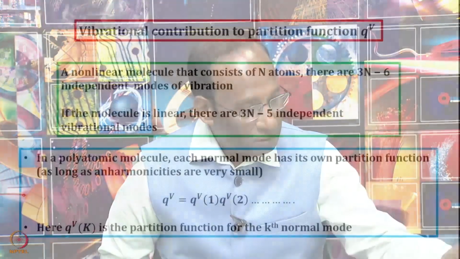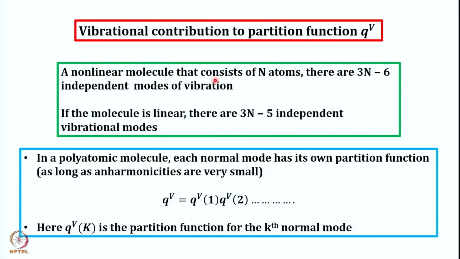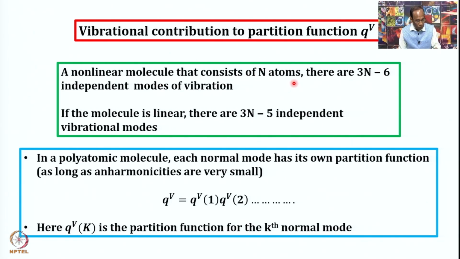So, look at this comment: a non-linear molecule that consists of n atoms. For that system, there are 3n minus 6 independent modes of vibration. This information you will need when you deal with the actual systems. So, if a molecule is non-linear and has n atoms, there are 3n minus 6 independent modes of vibration. Whereas, if the molecule is linear, then there are 3n minus 5 independent vibrational modes.